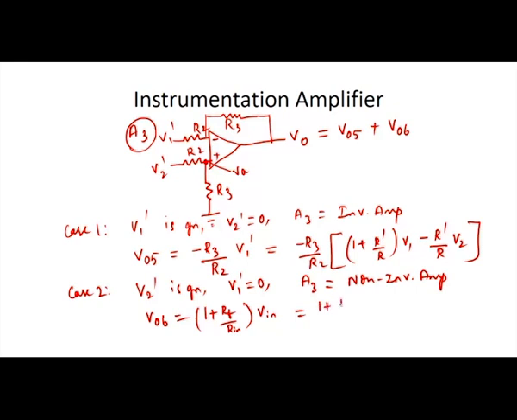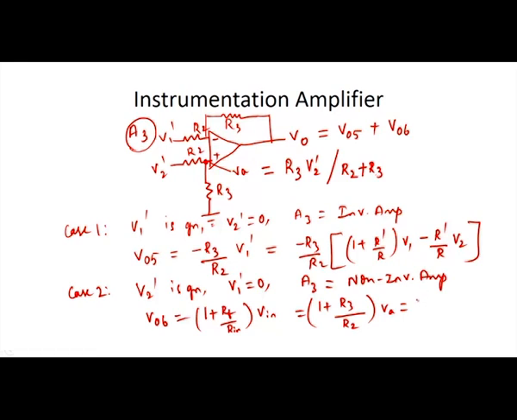In this case Rf is R3, Rin is R2, and Vin is Va, which we have to calculate. By using the potential divider rule, Va can be calculated. Actually, the voltage across this R3 we have to calculate, but that is the input voltage given to the positive terminal. So, R3 into V2 dash divided by the total resistances R2 and R3.